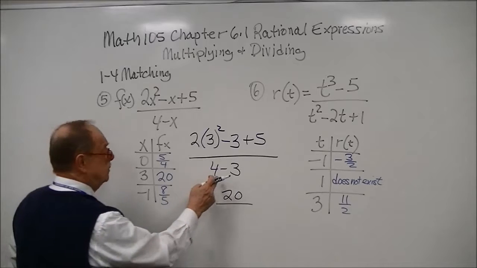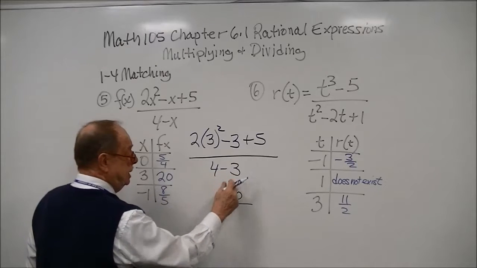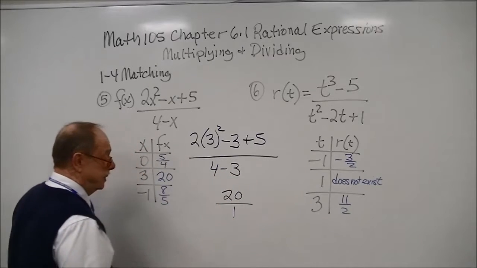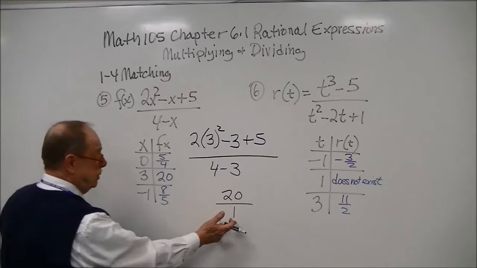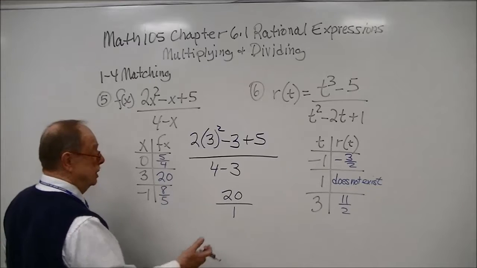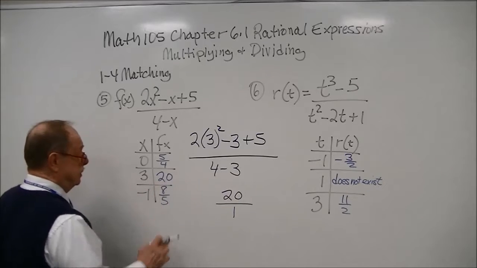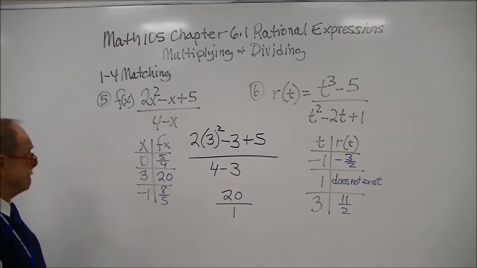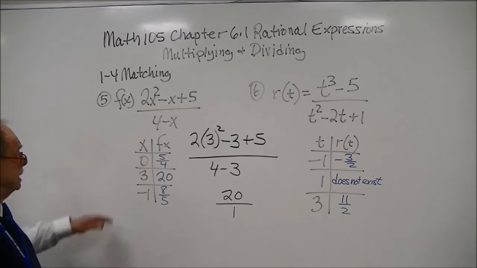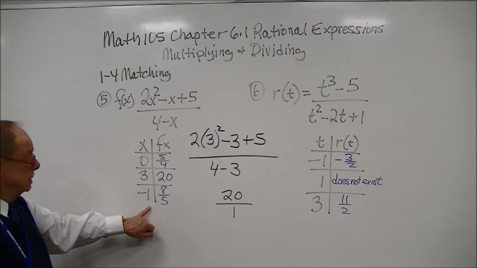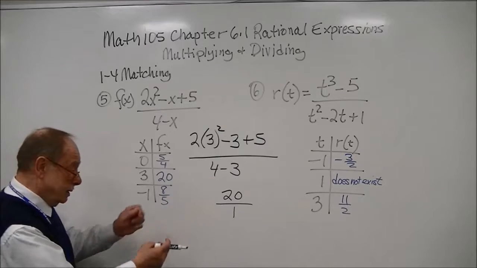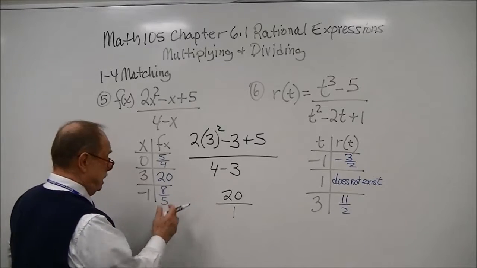And then we go 4 minus 3 is 1. And when we write that answer, we don't usually put it over 1. Every number is over 1. So it just gives us a 20. So in here, we would be substituting next a -1. And again, working it through to get your answer.